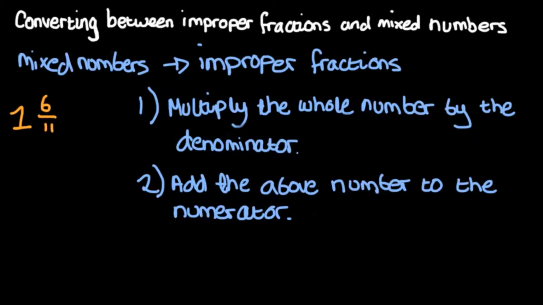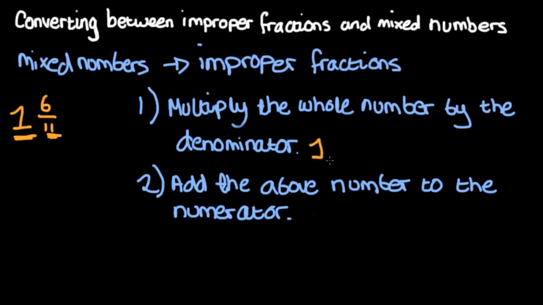Let's try another example. This time, let's try to convert the mixed number 1 and 6 over 11 into an improper fraction. So the first step is we're going to multiply the whole number, which in this case is 1, by the denominator, which in our case is 11.